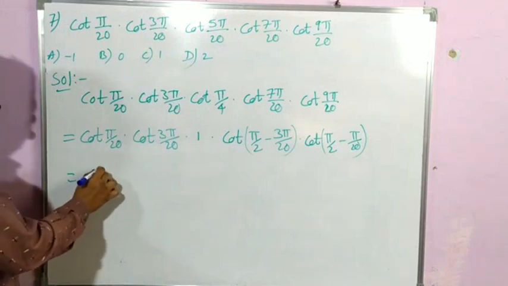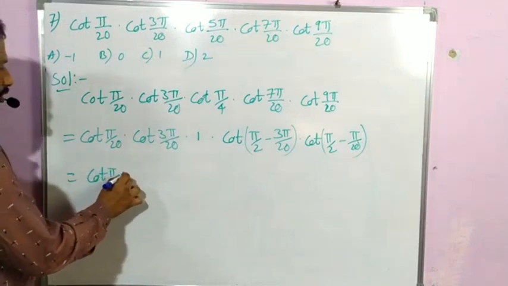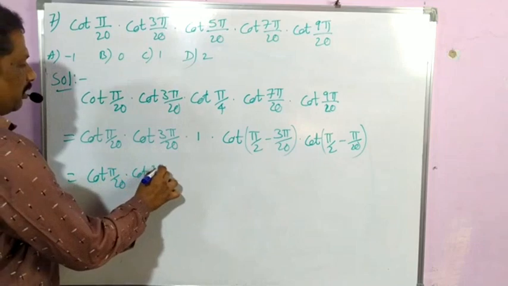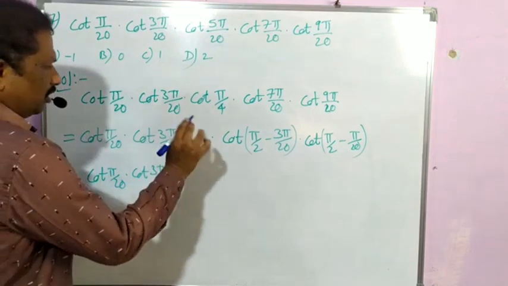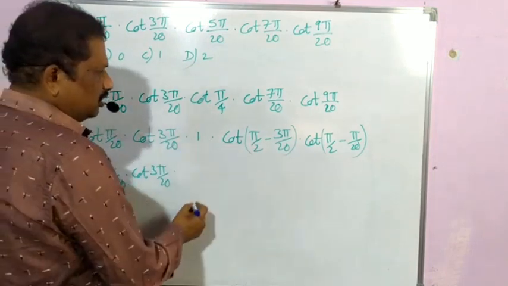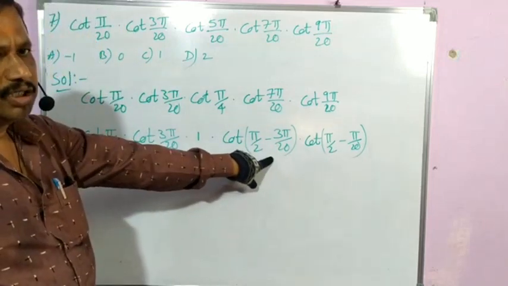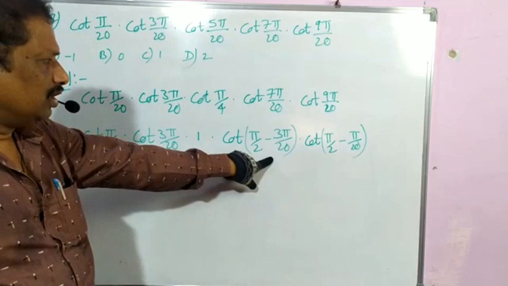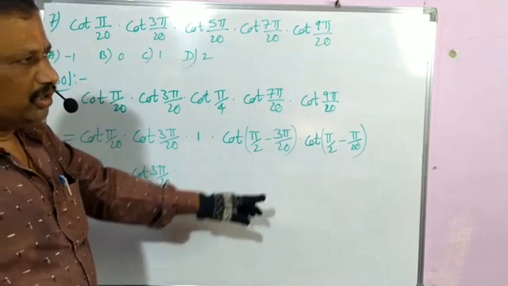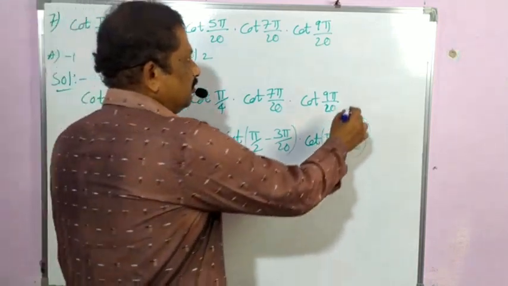So now the next step. This one you keep like that only. Cot pi by 20 into cot 3 pi by 20, 1 into the same will come. Next, here this one becomes 90 minus theta. It falls in the first quadrant. 90 minus theta, first quadrant, all are positive. But it is operating on the y-axis.